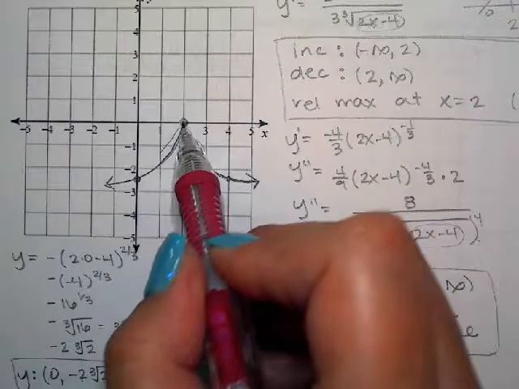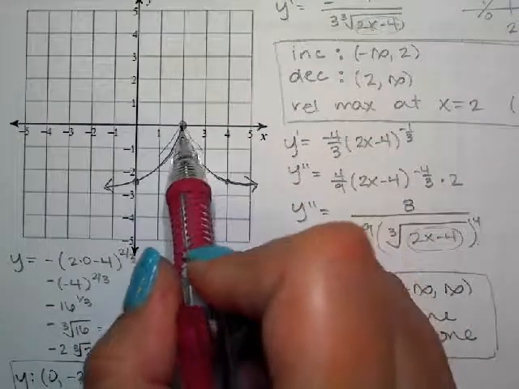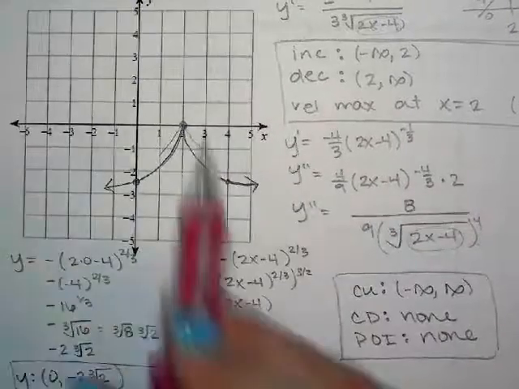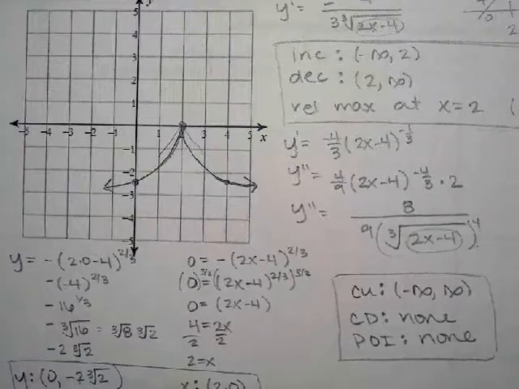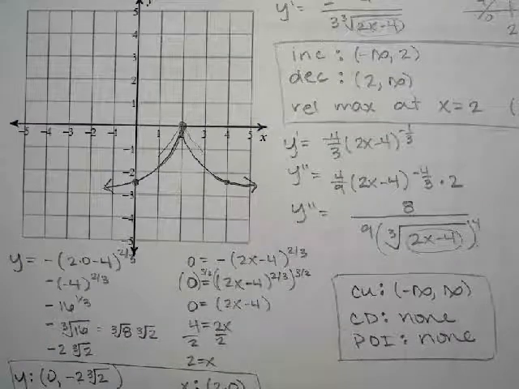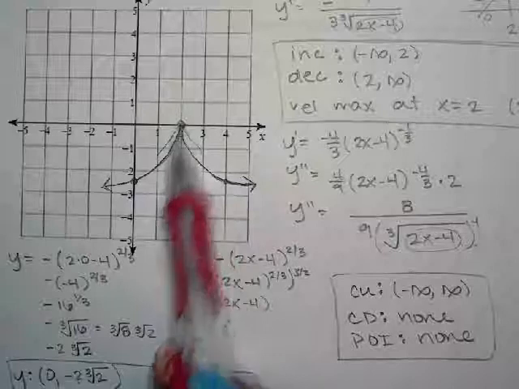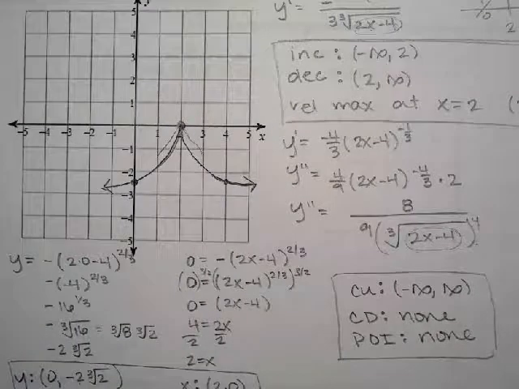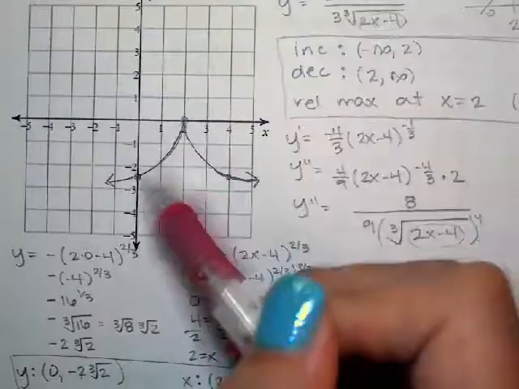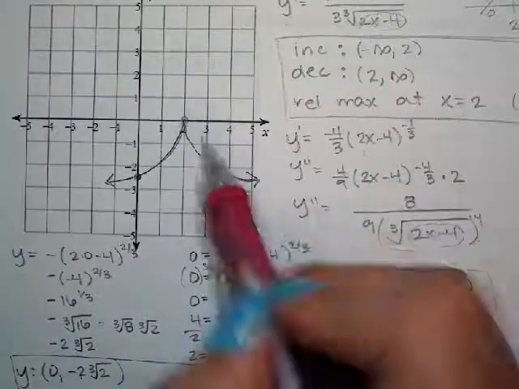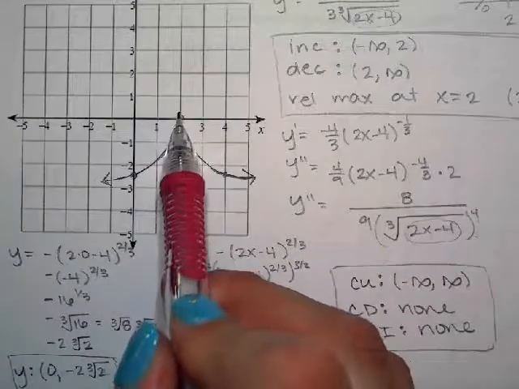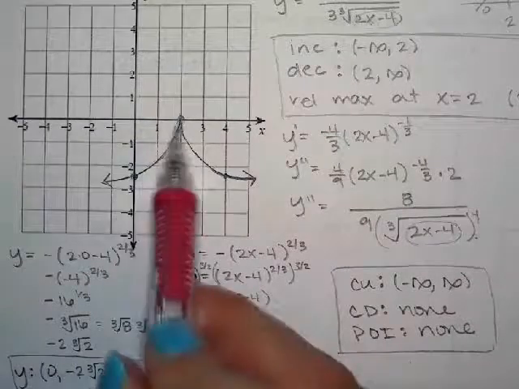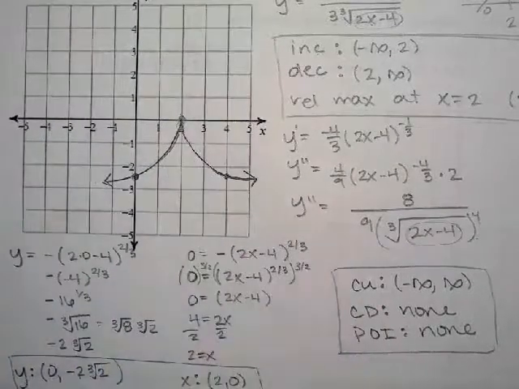You guys see that? It has a relative max right there, but there's not a horizontal tangent. There is no derivative right there because the left slope and the right slope don't agree with each other. It is increasing from negative infinity to 2, decreasing from 2 to infinity. It has that y-intercept, it has that x-intercept, it is concave up the entire time. It has no point of inflection, so it fits all of the information.